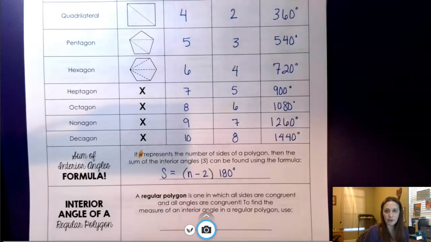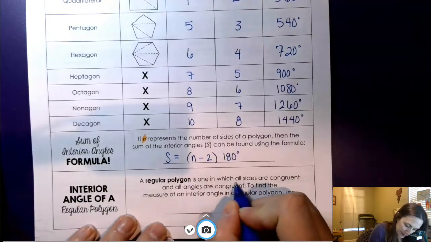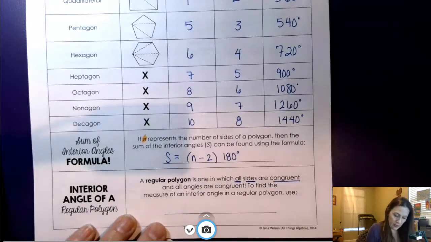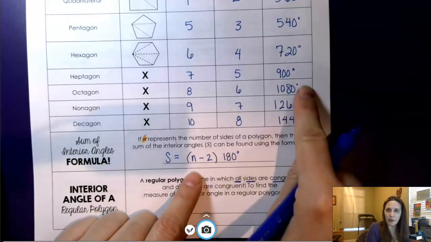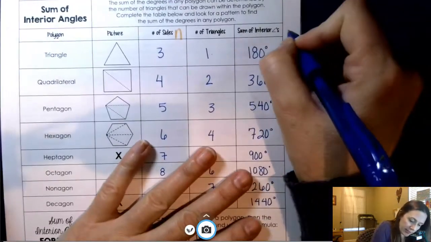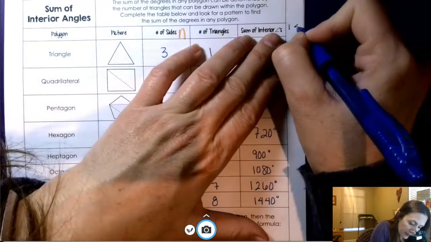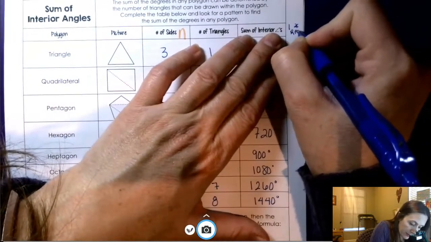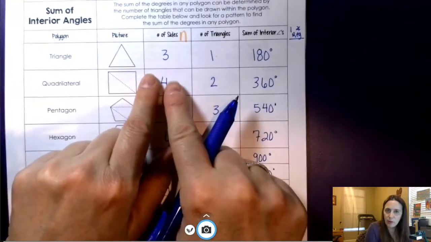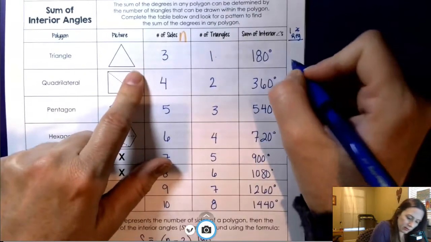Now if I want the interior angle of a regular polygon, remember a regular polygon has all sides congruent. So I know that the angles all add up to this total. If I wanted one interior angle, I'm going to write one angle of a regular polygon here. With a triangle, if it's a regular polygon, I take that number and divide it by 3, so I would get 60.